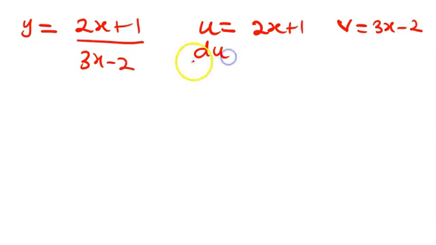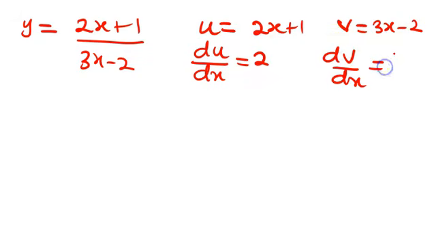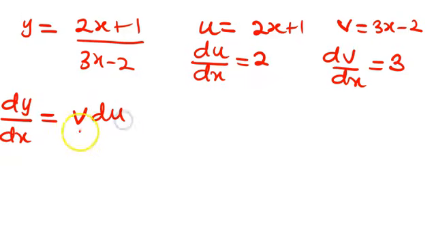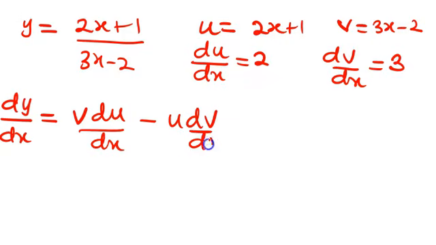So du dx becomes, when you differentiate this, you get 2, and then dv dx is 3. So by quotient rule, dy dx now becomes v du dx minus u dv dx over v squared. So let's make substitution.